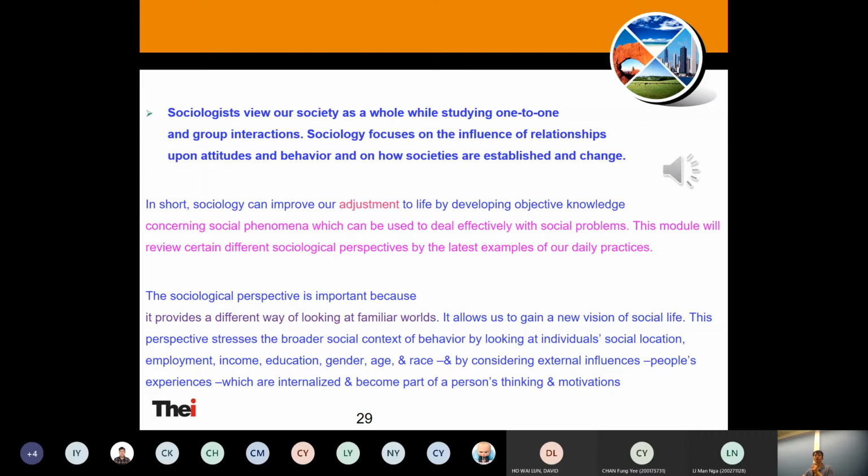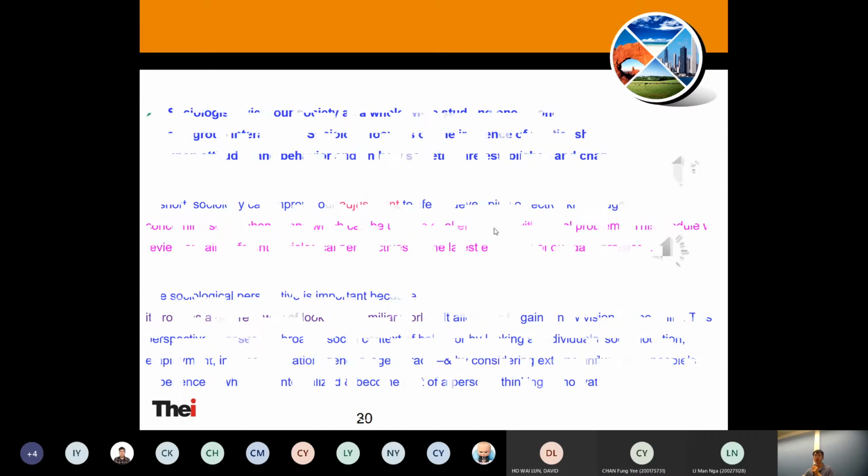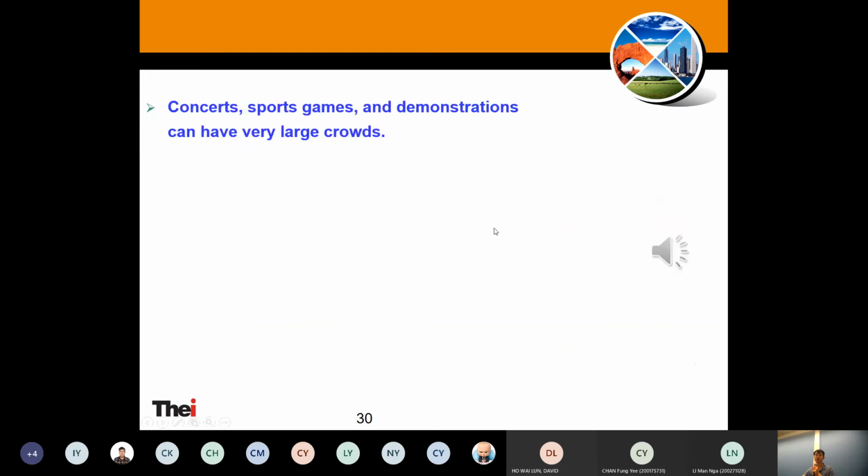So the sociological perspective is very important for you and me, because it provides a different way of looking at the world. It allows you and me to have a new vision towards this issue.